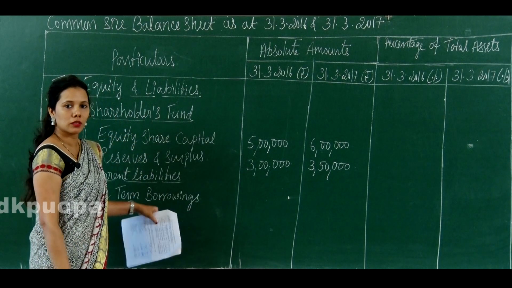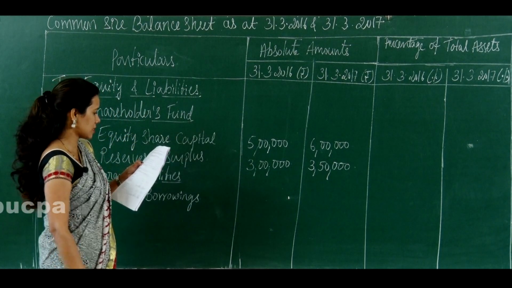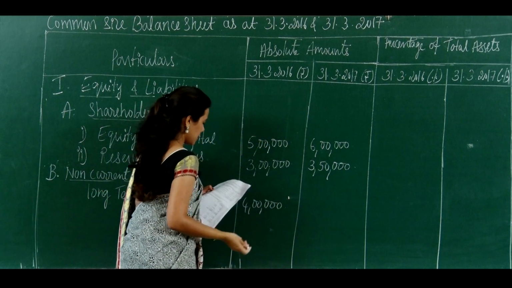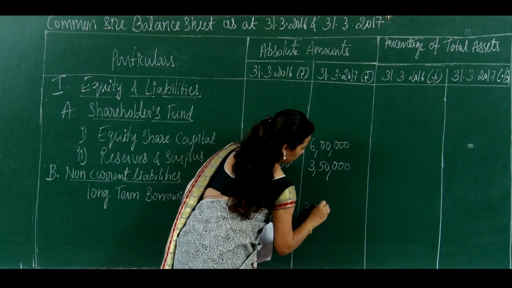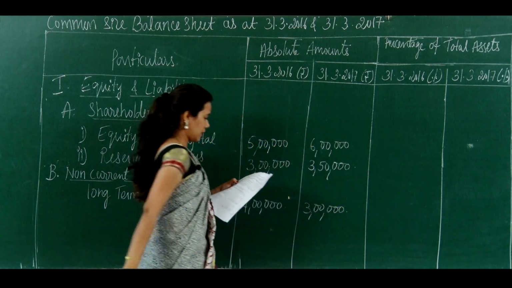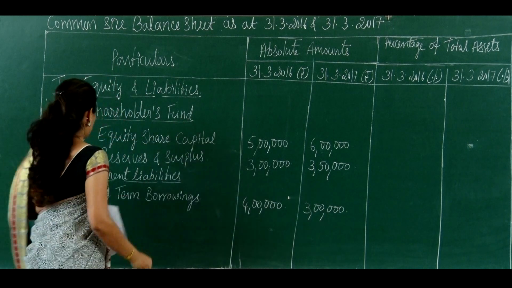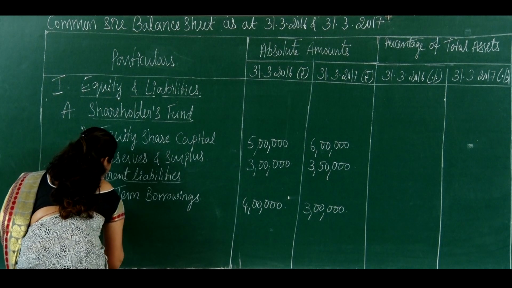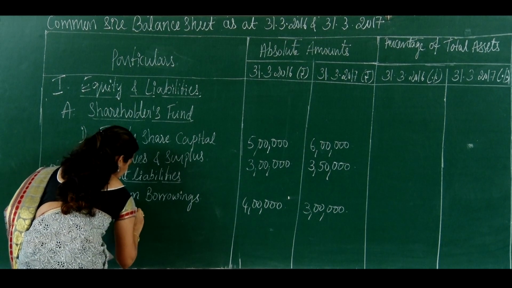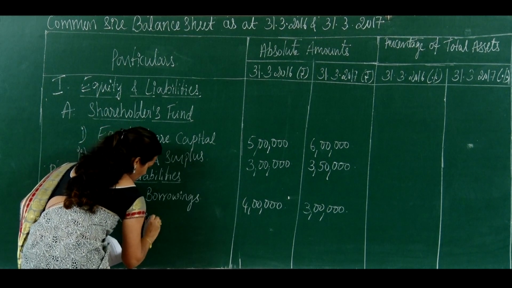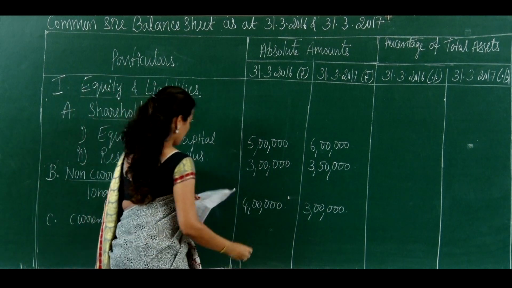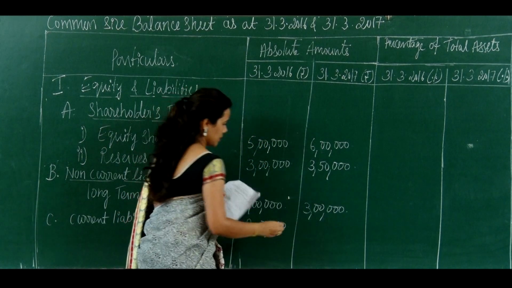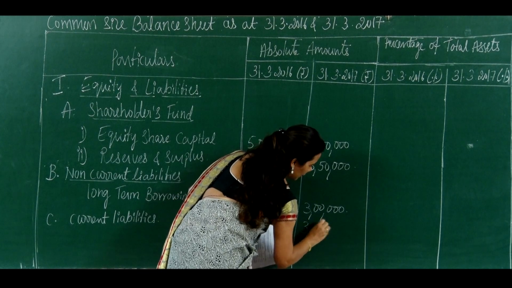Debentures are meant for long term, so I write them under long-term borrowings: 4 lakhs and 3 lakhs. The last one is current liabilities. So, our third heading is current liabilities. Current liabilities of the business are 2,50,000 and 3,25,000.